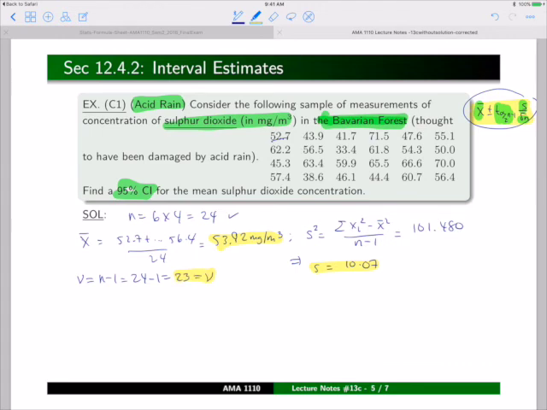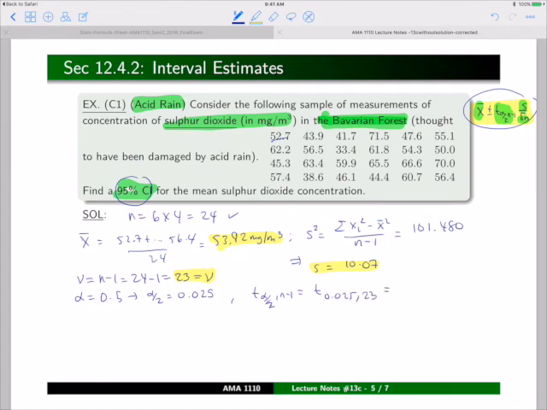And alpha over 2: since we're looking at a 95% confidence interval, alpha here is 0.05, so our alpha over 2 is 0.025. So then what's our t alpha over 2, n minus 1? It is t 0.025, 23.